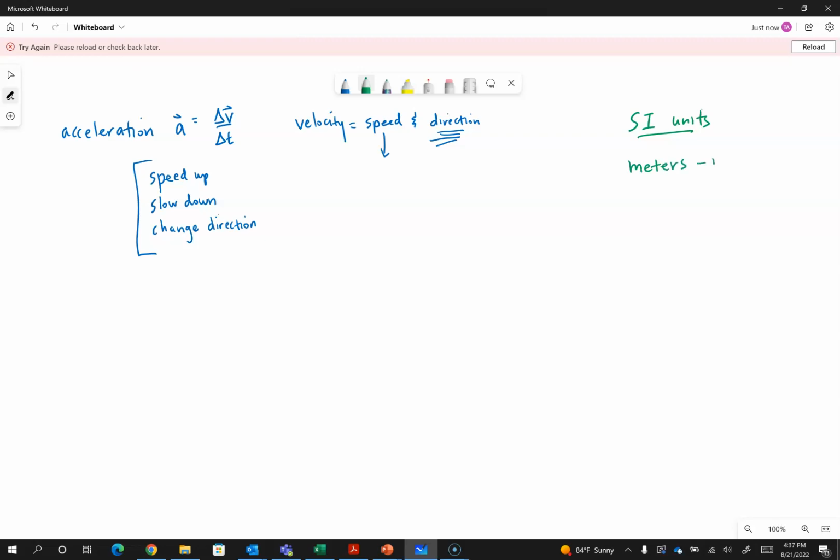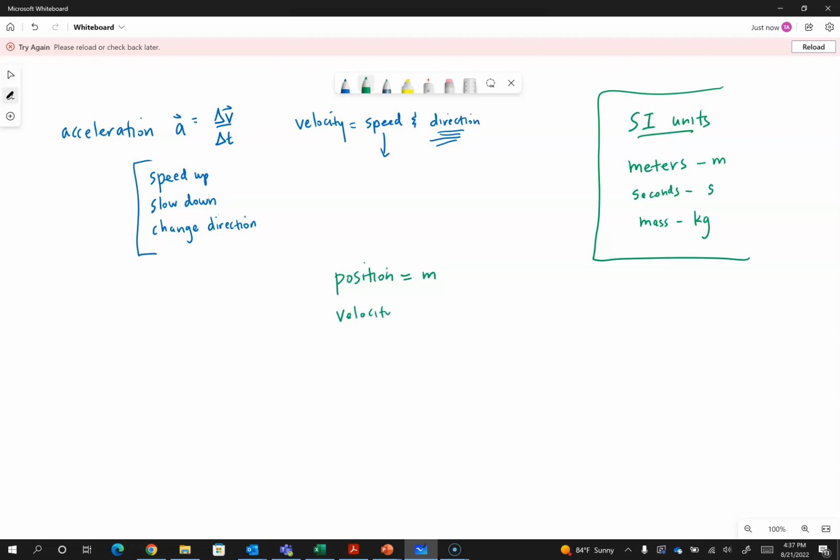We use just M. Time is in seconds. We'll use an S to represent that. Mass, which we will talk about later, will be in kilograms. These are our SI units. So position or displacement will have units of meters.